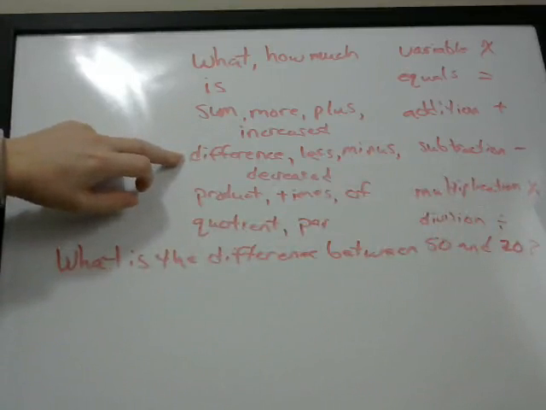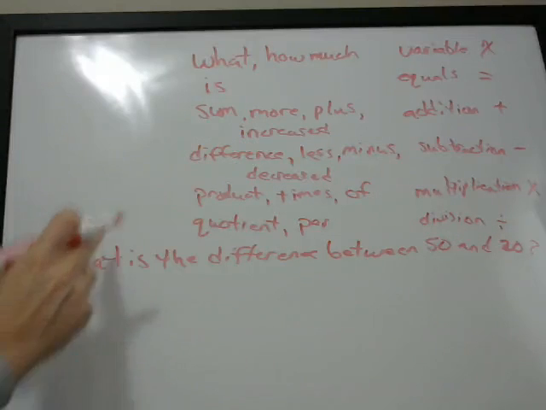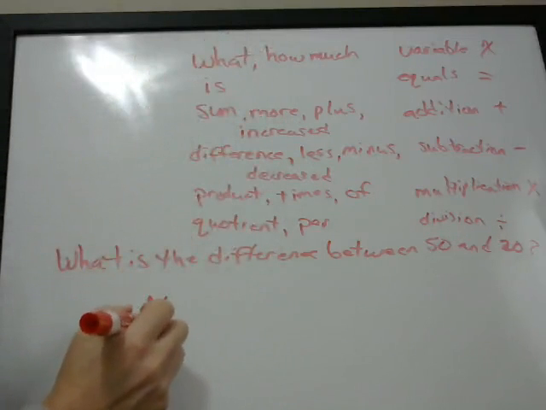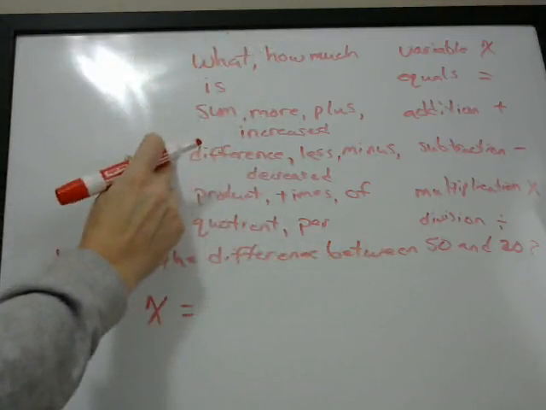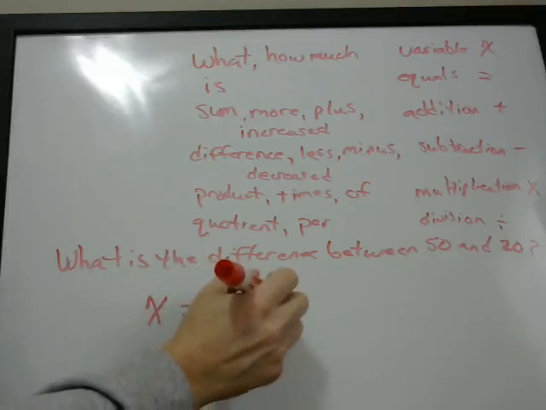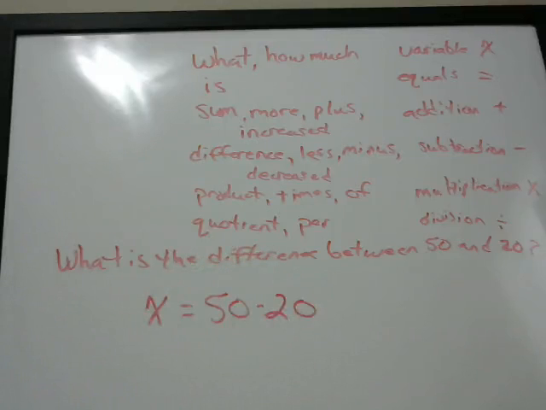Difference means subtraction. So what? That's X. That's what we're trying to solve for. Is means equals. The difference between the two means you're going to subtract 50 minus 20. And here we know that 50 minus 20 is 30. So the answer is 30.